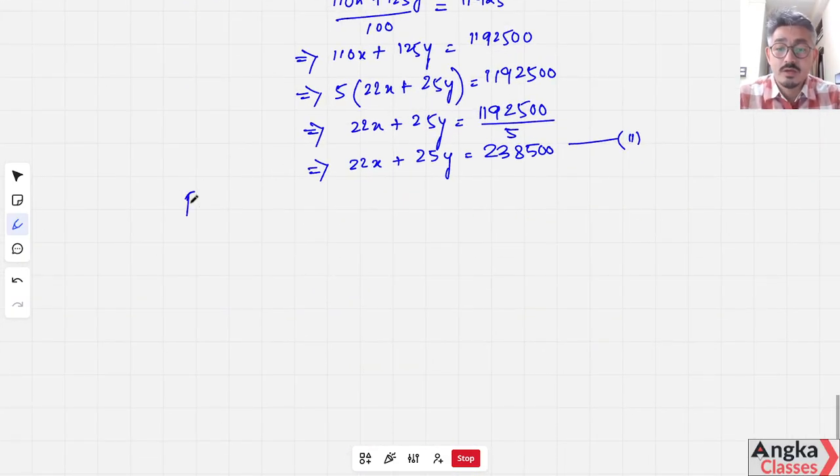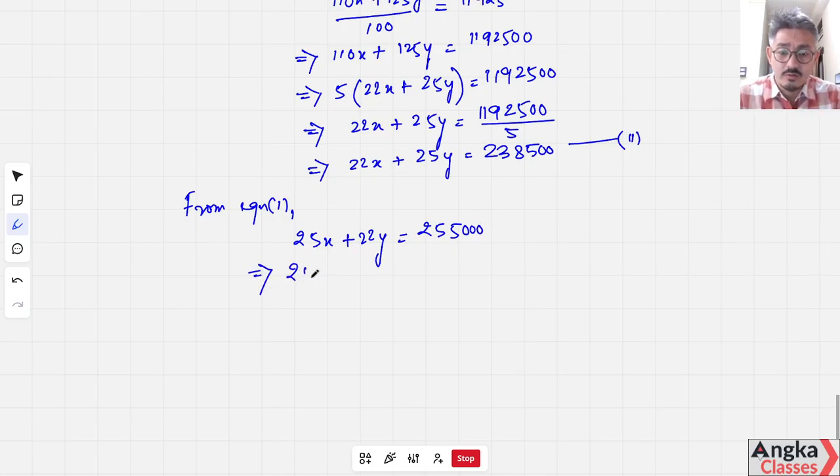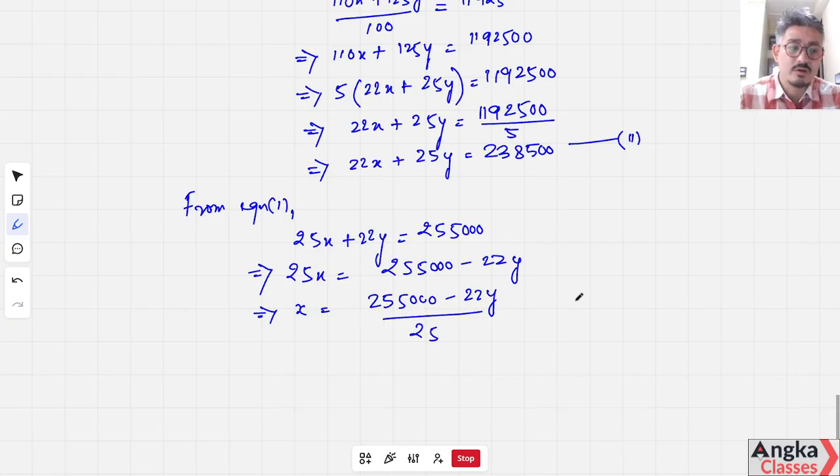So I can get from equation 1, which is 25x plus 22y is equal to 255000. So 25x is equal to 255000 minus 22y, which implies that x is equal to 255000 minus 22y upon 25. We'll call this equation 3.